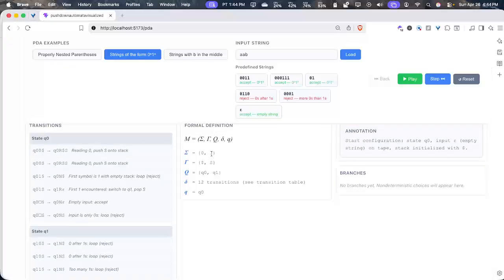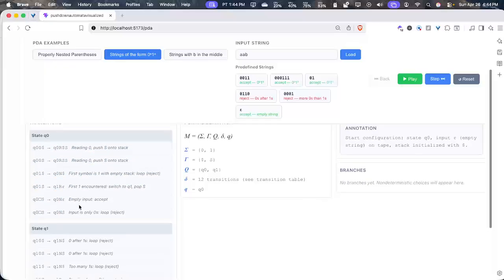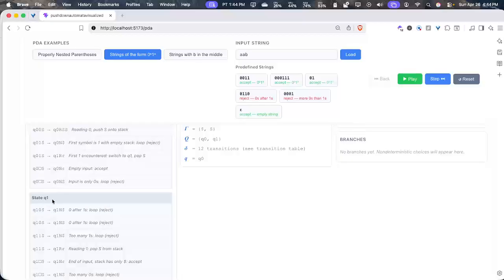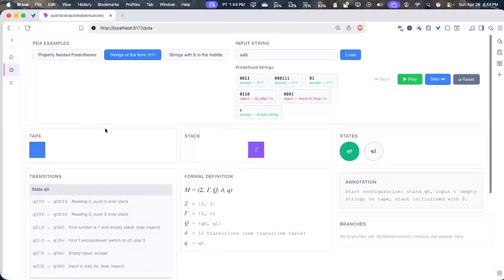And so multiplying 3 times 2 times 2 is 12 total transitions. And that's just how you have to account for every possibility. Most of them aren't going to work. Like we can see there's just a lot of rejects. If we're in state Q1, we really want to see this square and this cash symbol together.